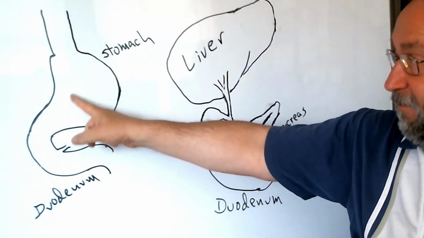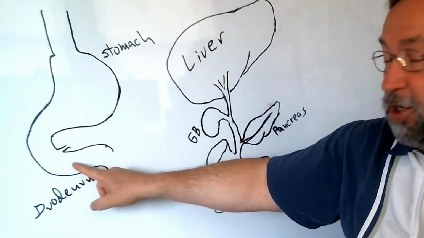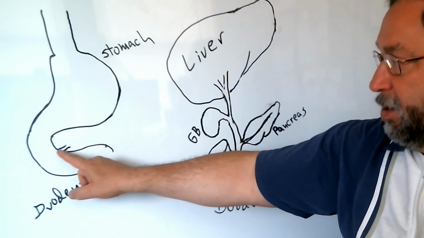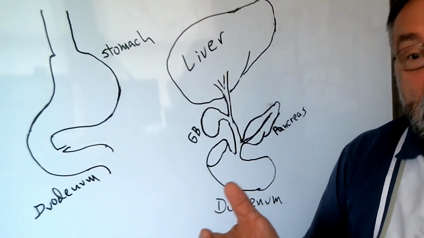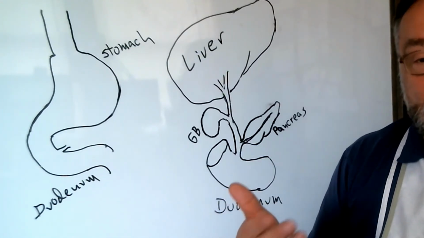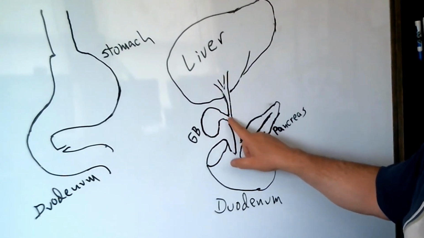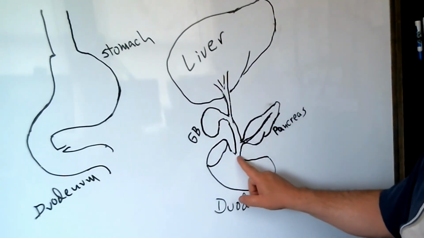So the person ate, food's in here, and now if you look, the food is going to get pushed down into the duodenum and go through the, right here is the common bile duct, which has your bile coming from the gallbladder. This is the gallbladder, and your digestive enzymes from the pancreas all will come through there.